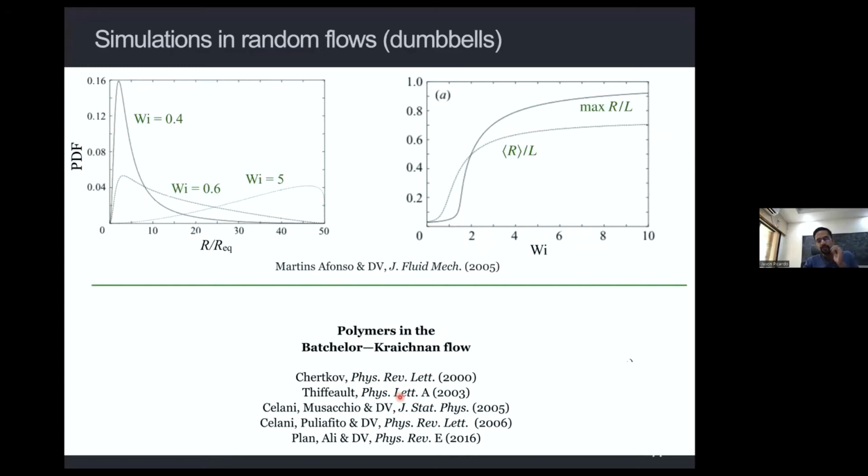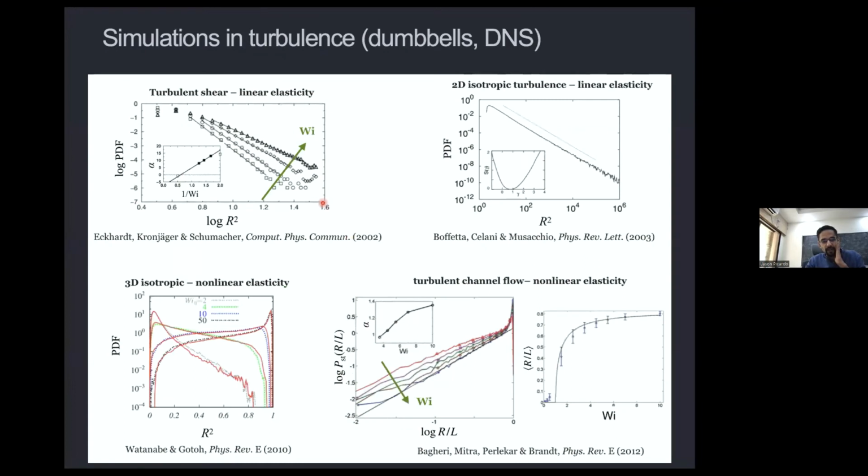Now, there's been a lot of work done on polymers in the Batchelor-Kraichnan flow, and here are some references. People also then naturally looked at doing simulations in, quote unquote, actual turbulence using DNS. And different turbulent flows were looked at: shear flows, 2D flows, turbulent channel flows, and the closest thing to the Kraichnan flow, the 3D isotropic box turbulence.